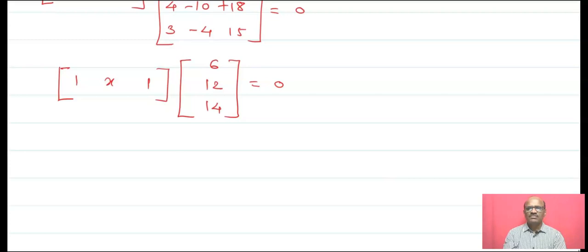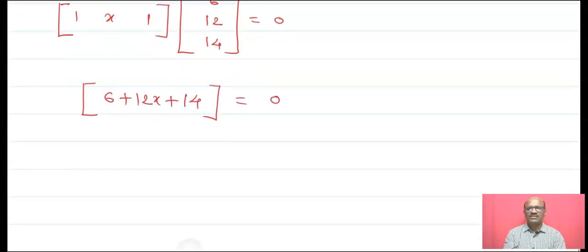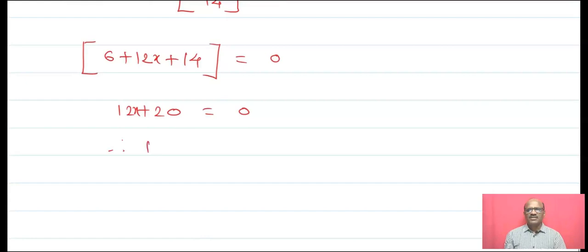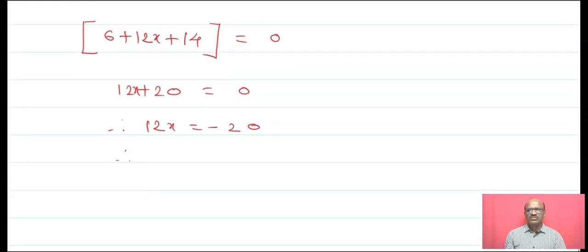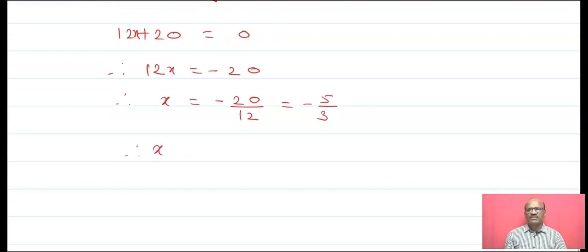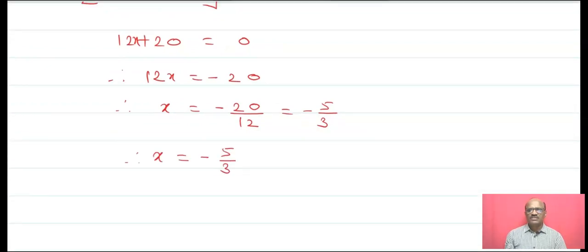Overall you will get a single value, because the order of the first matrix is 1 by 3 and the second is 3 by 1, therefore the order of the resultant matrix is 1 by 1, that is a single element. 12x plus 20 is equal to 0, therefore 12x is equal to minus 20 and that's why x is equal to minus 20 upon 12, that is minus 5 upon 3. Therefore x is equal to minus 5 upon 3.